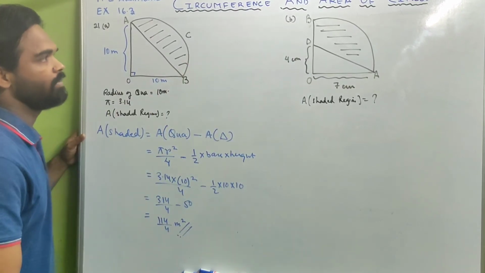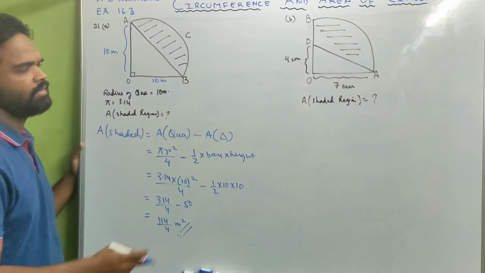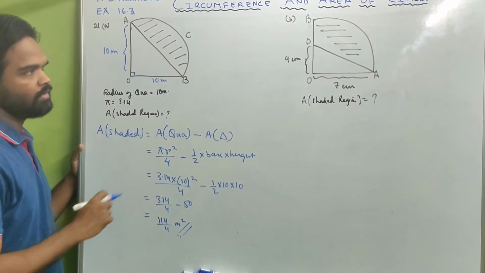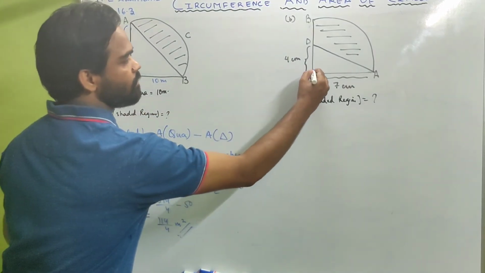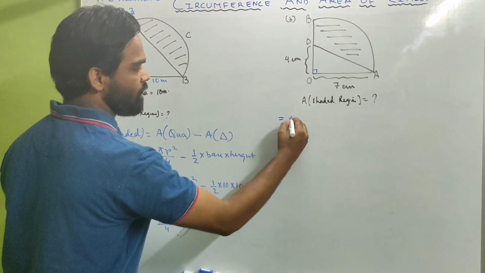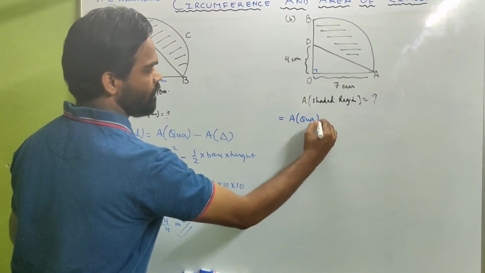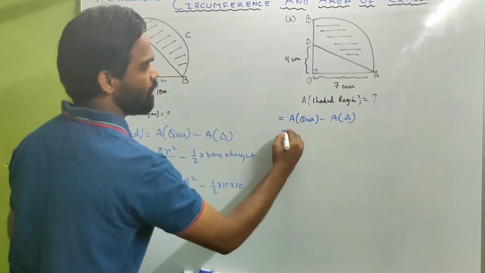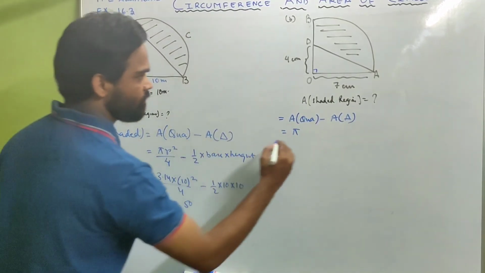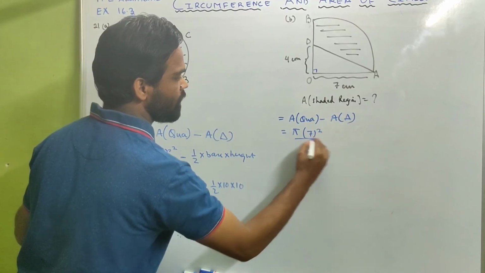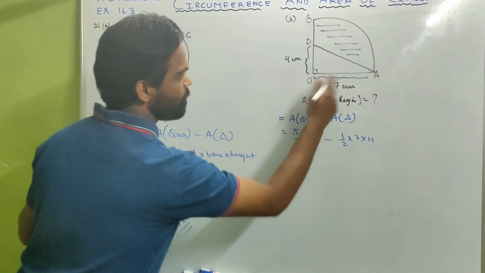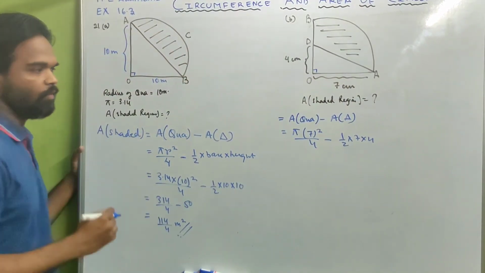Now look at part B. Similar type. They've given a quadrant whose radius is 7. They've given a triangle OAD. Again, they've asked for the area of the shaded region. See, the area of the shaded region will be the area of the quadrant minus the area of the triangle. The area of the quadrant is nothing but pi r square by 4, that's 22 by 7 multiplied by 7 square by 4, minus the area of the triangle, which will be half into base into height. See, the base is 7 and the height is 4.